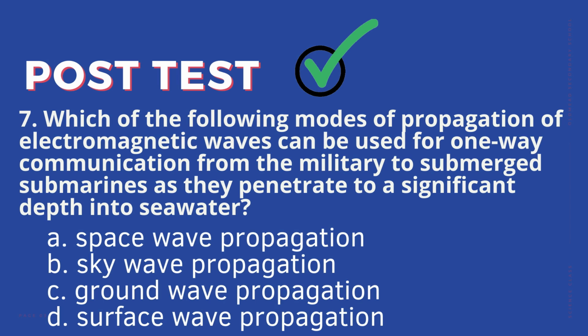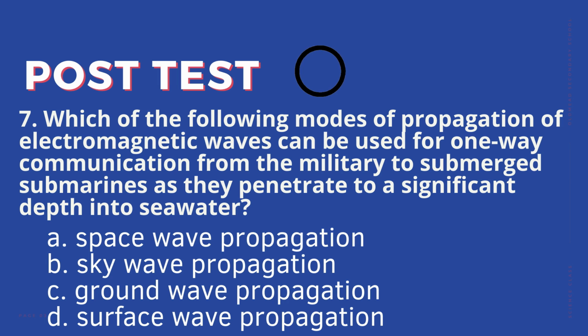7. Which of the following modes of propagation of electromagnetic waves can be used for one-way communication from the military to submerged submarines as they penetrate to a significant depth in seawater? A. Space wave propagation. B. Skywave propagation. C. Ground wave propagation.